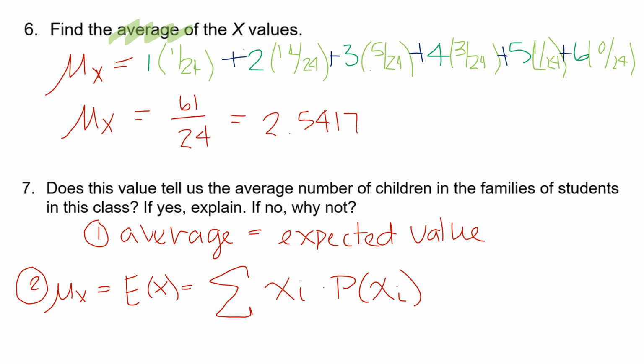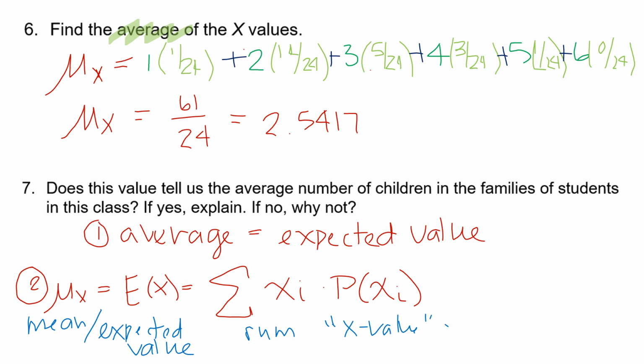All of those notational pieces just mean this is the mean or the expected value. I'll always want you to do mu sub x; you don't have to put the E of x. It is the sum of all the x values times their probability, and sum just means that you're going to add them all together.